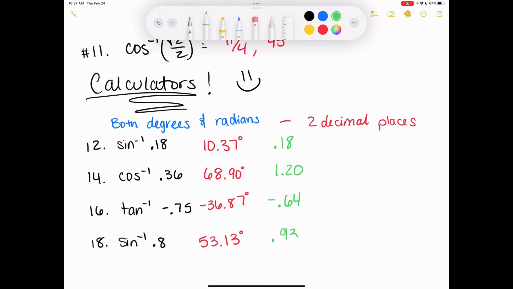Where's the negative? I found my negative. It should be the one with the decimal.